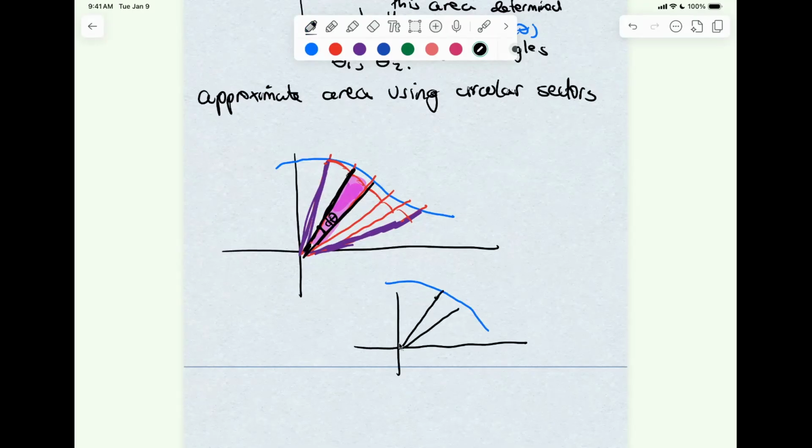Let me exaggerate this a little bit, so that it looks more closely like a pizza slice, right? So this angle is called d theta because it's really, really small.